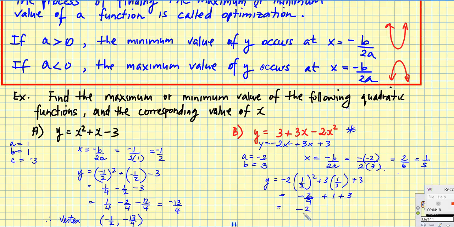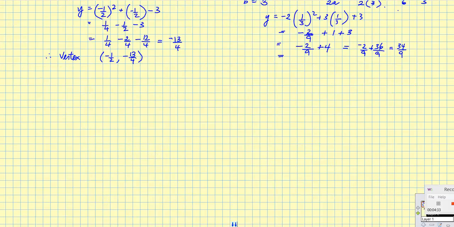So it's negative 2/9 plus 4, and if I get a common denominator, it goes to negative 2/9 plus 36/9, which gives me 34/9. So I have a final answer here of the vertex being equal to 1/3 and 34/9. Okay.